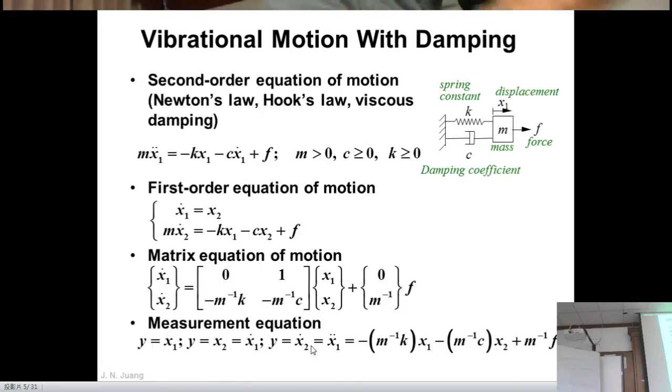Remember that. When somebody shows you a measurement equation with an x1 term, an x2 term, and a direct transmission term, that means an accelerometer is used to measure the motion, because if you don't use an accelerometer, you really don't get any direct transmission term. Agree? So the measurement equation is important here too.